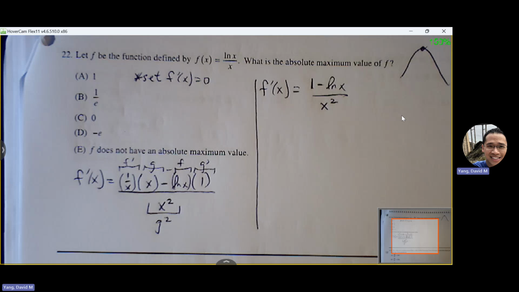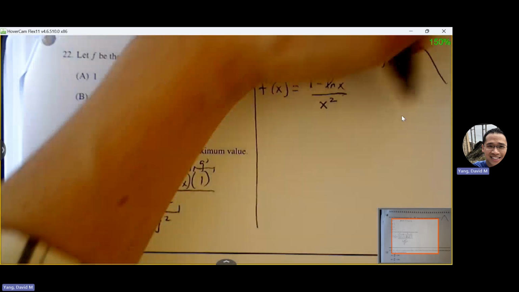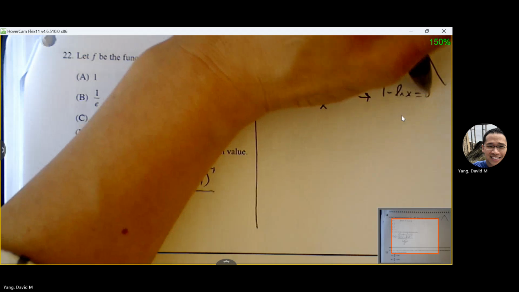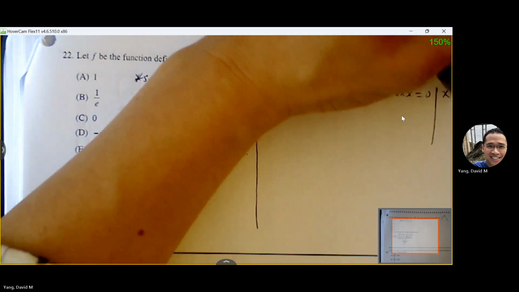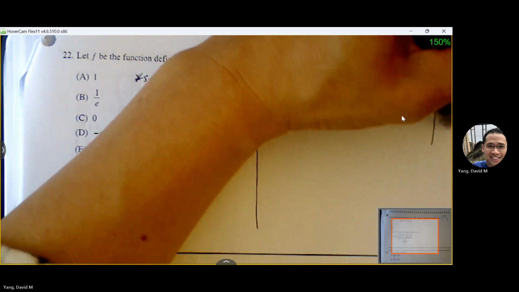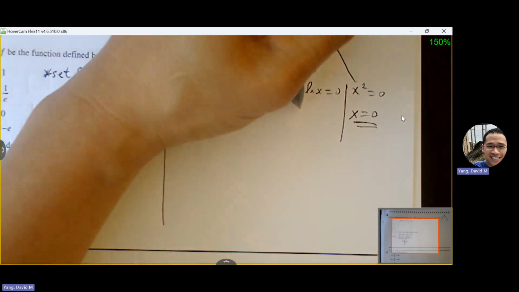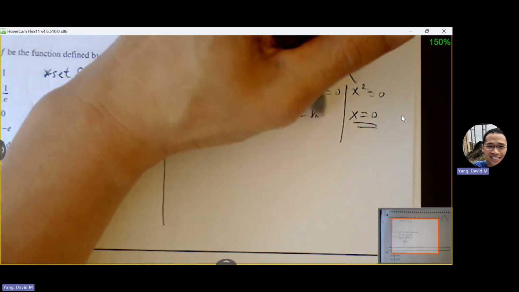I can set both the numerator and the denominator equal to 0 to find my critical points. So the denominator is easy, that's just going to be 0. For the numerator, I'll get 1 is equal to natural log of x.